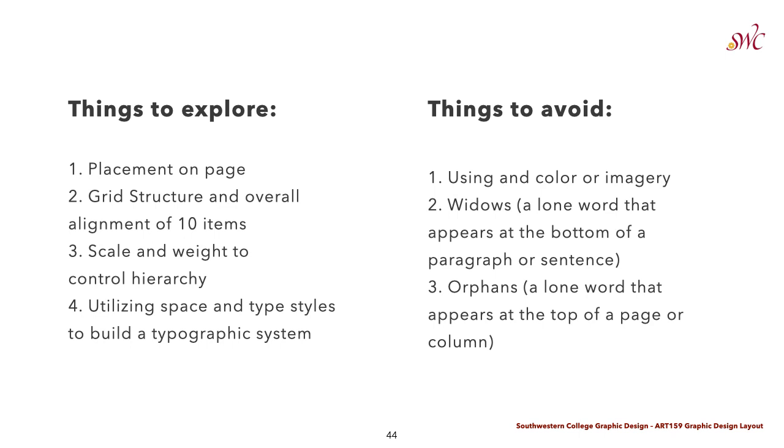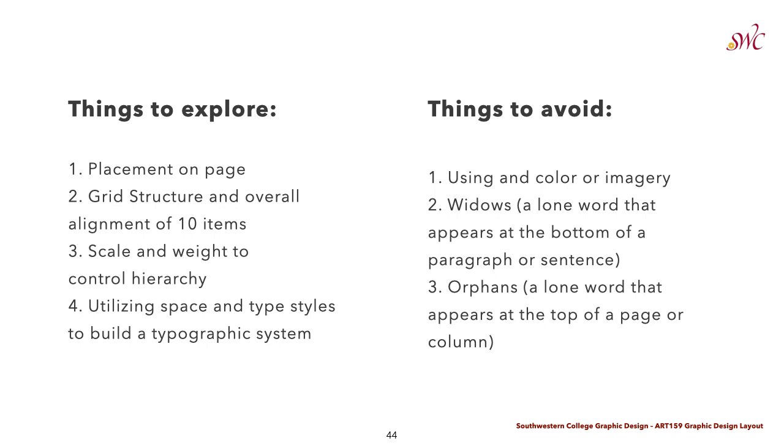The grid structure and the overall alignment of these 10 different items, the scale and the weight to control the hierarchy within the typography itself, utilizing space and different type styles or fonts to build a typographic system.